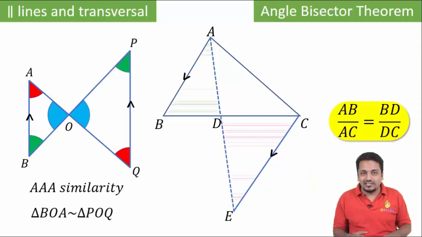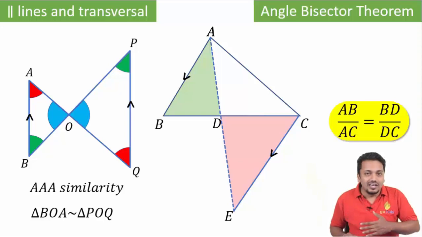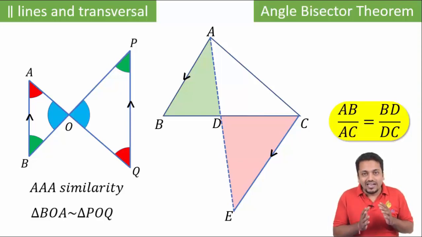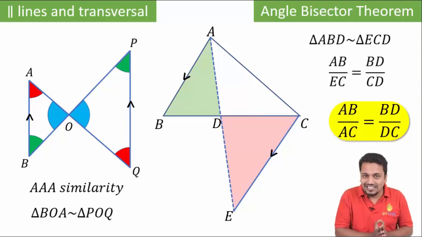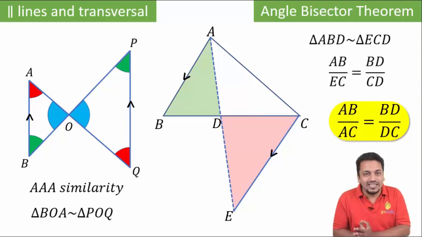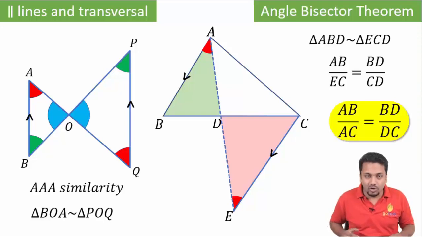Now these two triangles, the green one and the red one, are similar, right? The reason is right there on the left. So triangle ABD is similar to triangle ECD, and we can write AB upon EC is equal to BD upon CD. Next, the two angles marked in red are also equal because they are alternate interior angles.